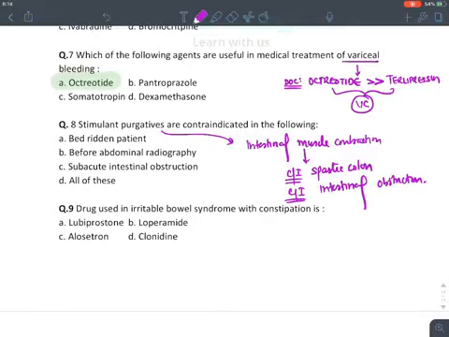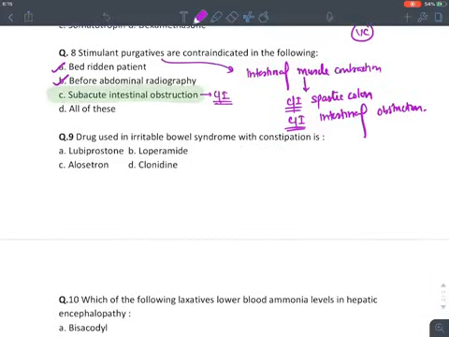If there is already an obstruction, don't contract the intestine. So the answer for this question is subacute intestinal obstruction. But remember, they are given in bedridden patients, and before abdominal radiography to evacuate the bowel. So this is the contraindication of this drug.